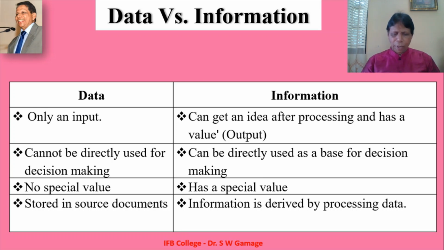Now, before I start these lessons, I would like to give clarification about some words. We know an information system starts from data. Data are very basic facts or very basic transactions.